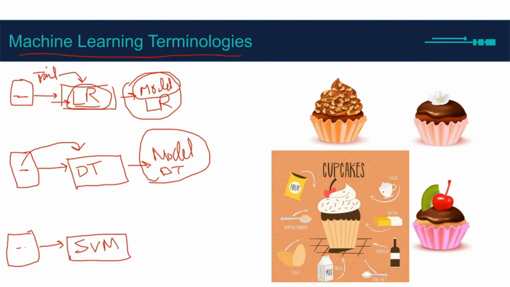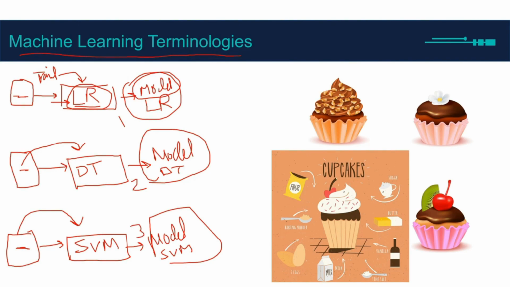And same thing here. This data was fed to the support vector machine algorithm, and then I have another model called the support vector machine model. So now I have model number 1, model number 2, and model number 3.